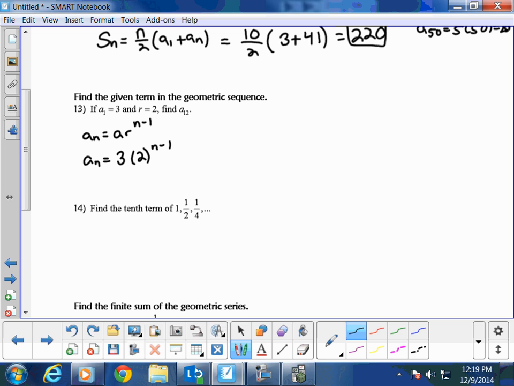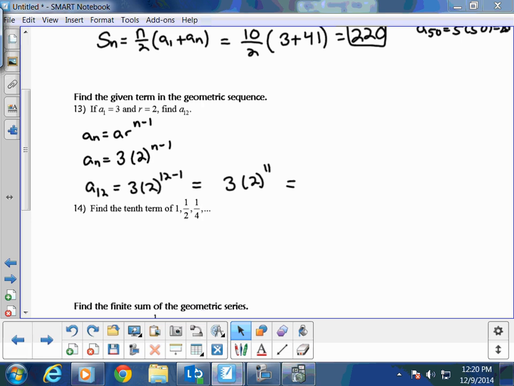Now I'm going to try to find this out for A sub 12. So A sub 12 is 3 times 2 to the 12 minus 1, which means that this is really 3 times 2 to the 11.